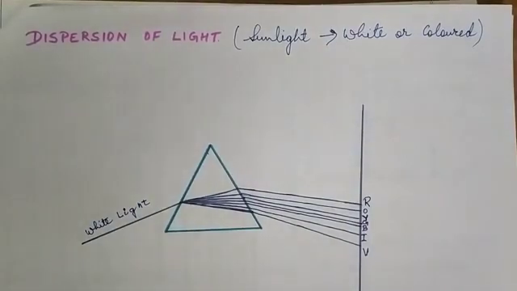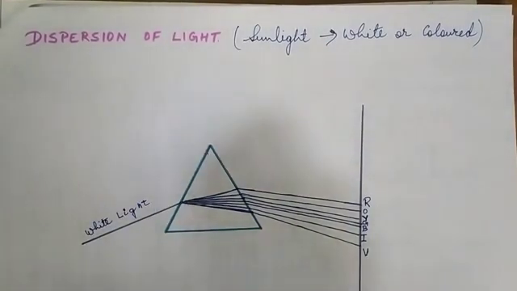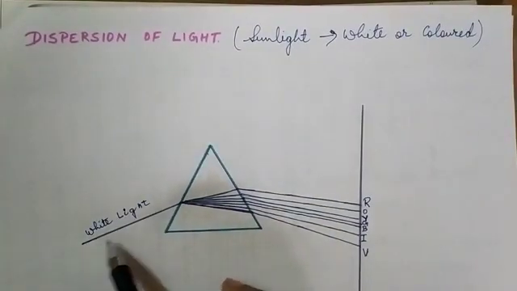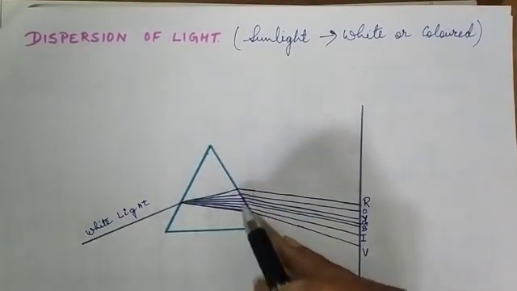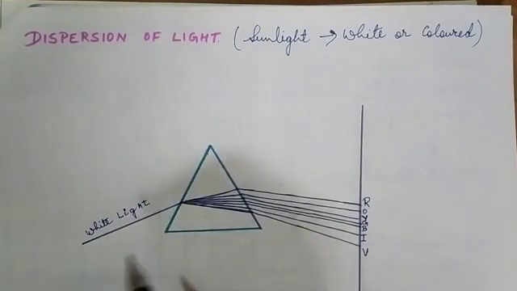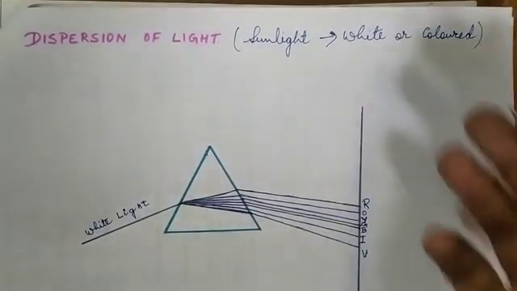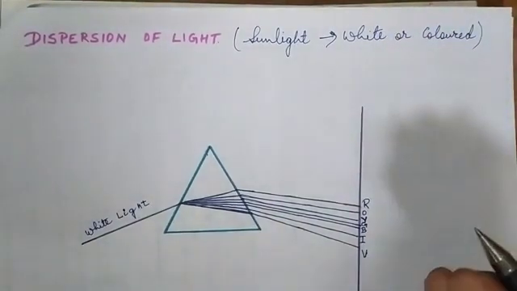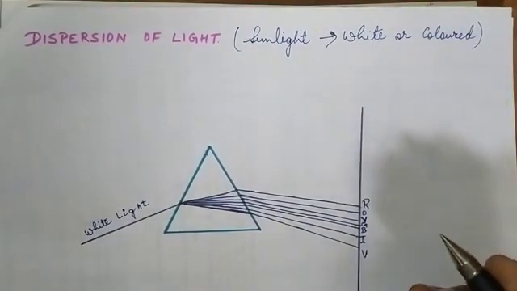The best way to understand whether sunlight is white light or colored light is to allow the sunlight to pass through a glass prism, as we can see over here. We can do it in our homes also: early morning we can hold a prism against the direction of sunlight at a certain angle and watch the other end. We can keep an object, like a white paper, as a screen.